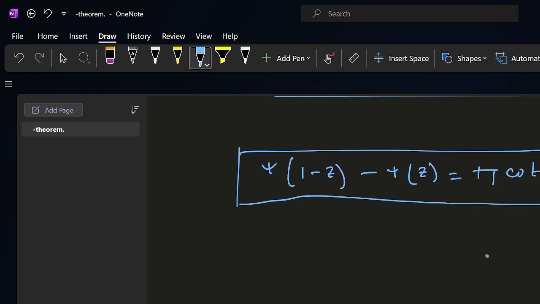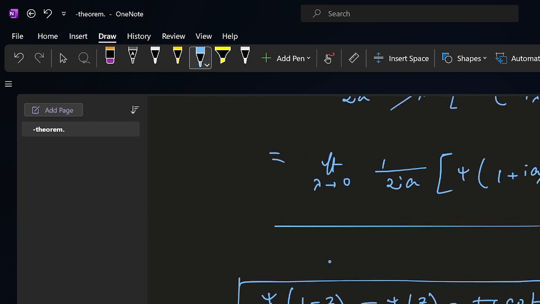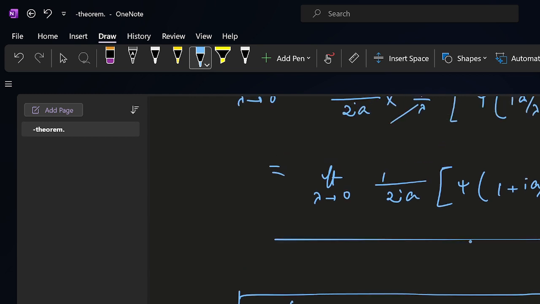So if that is true, then you can express the thing we had left. The last part is basically psi of 1 plus ia by lambda and then minus psi of minus ia by lambda, right?